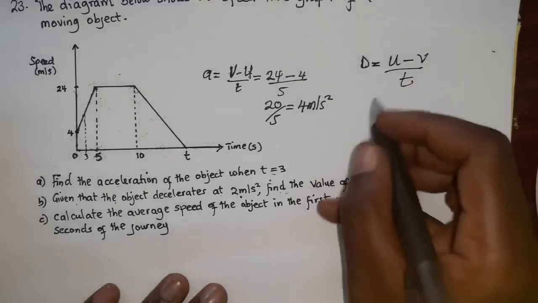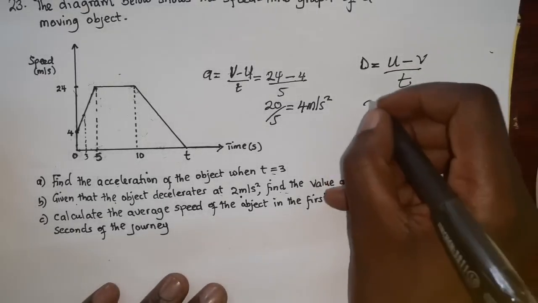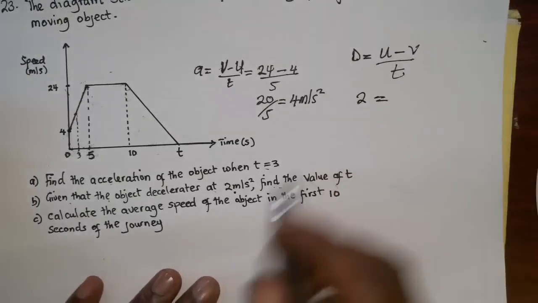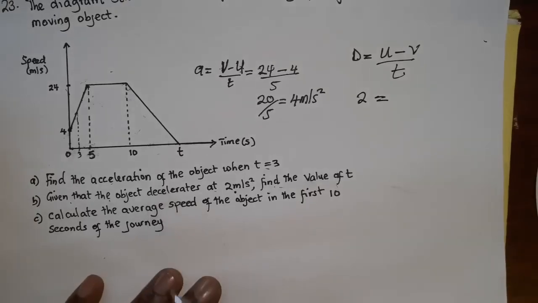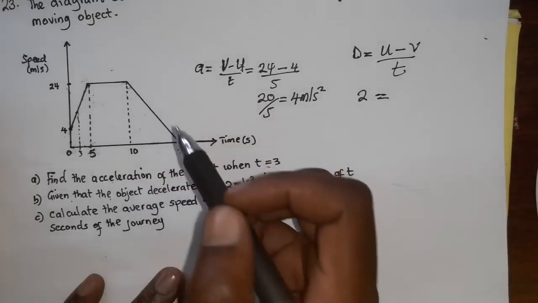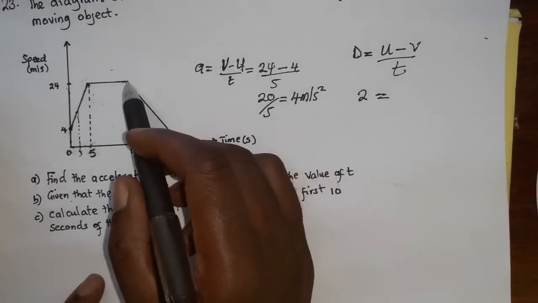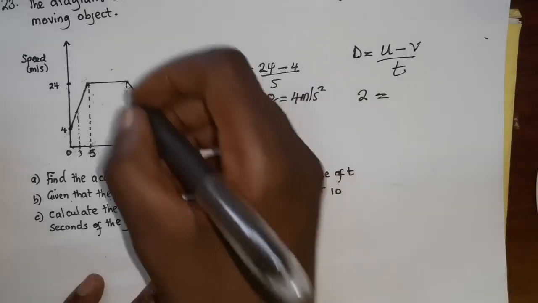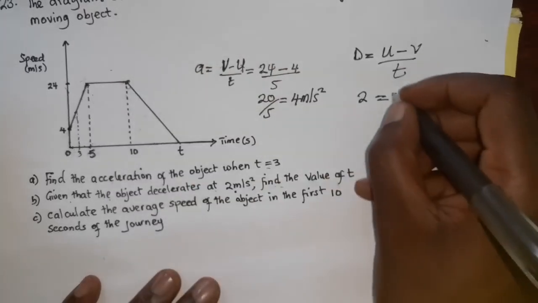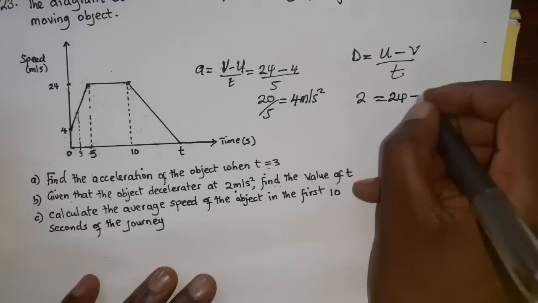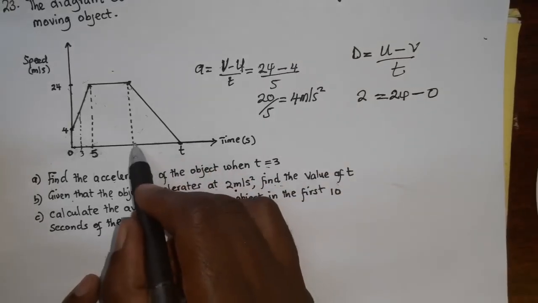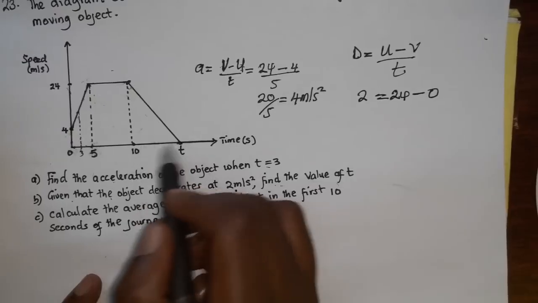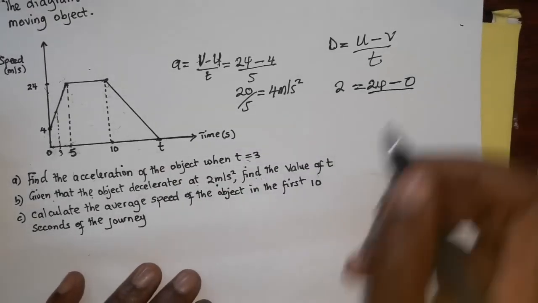So deceleration here has been given as 2. Then the time from the initial, which starts from 24, up to 0, which is this point, how do we account for the time taken from this point to this point?